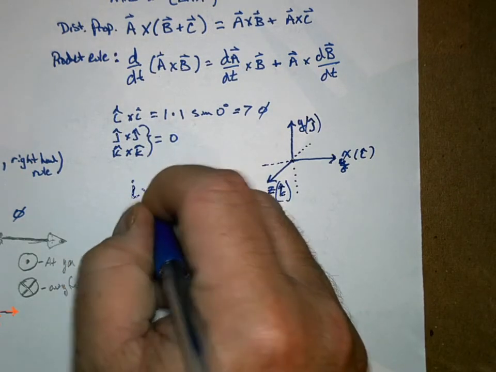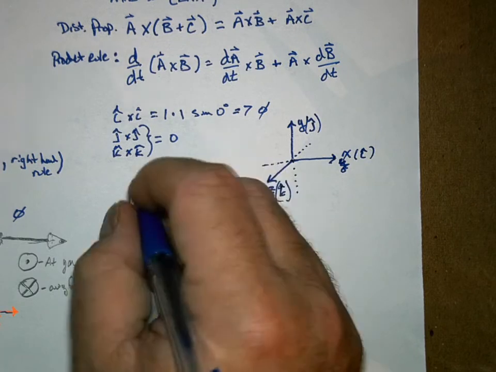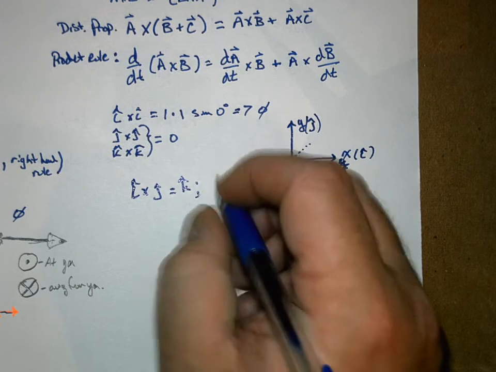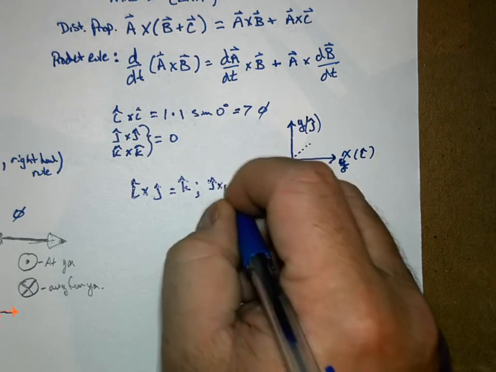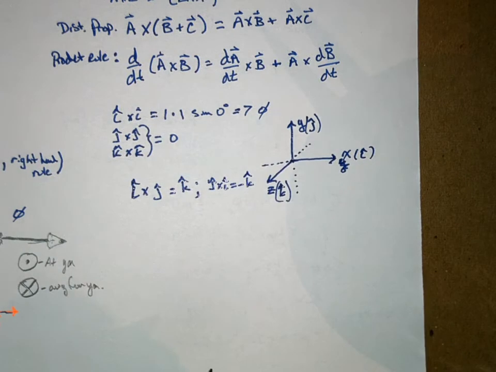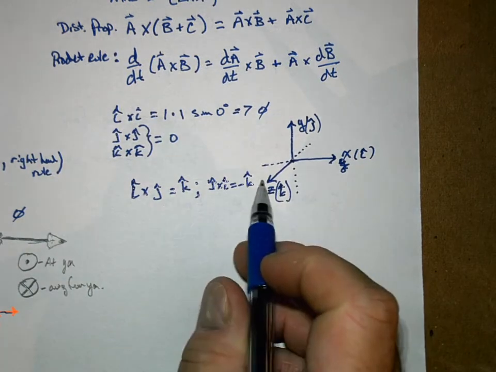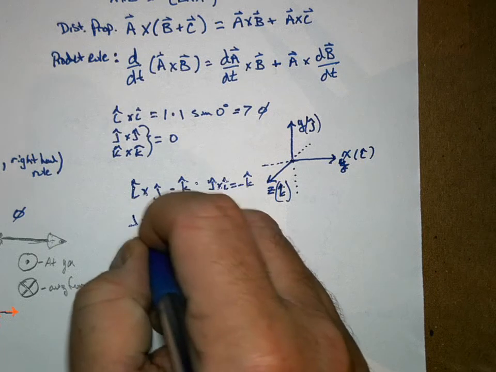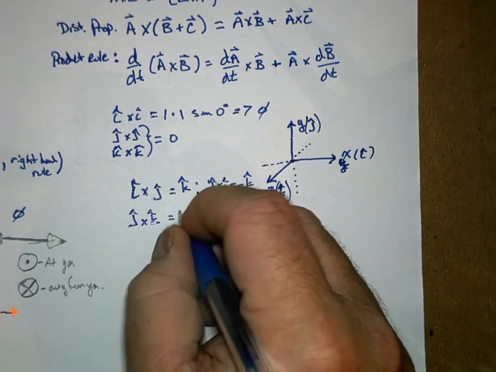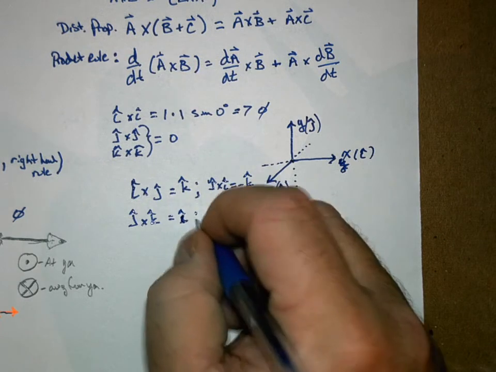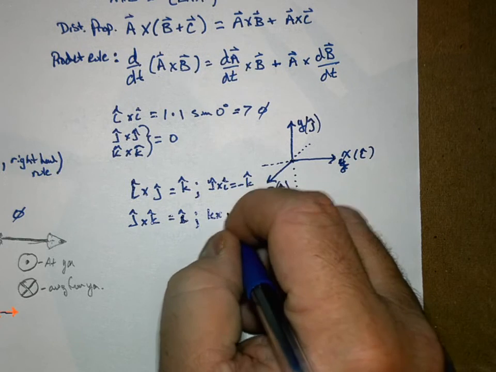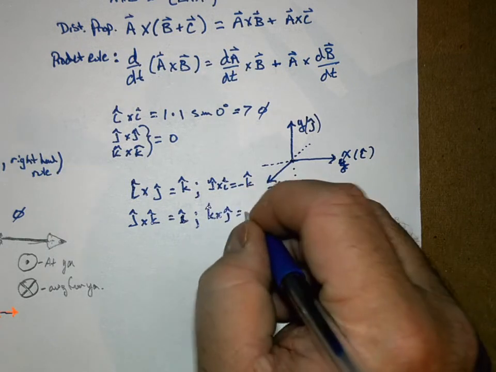i cross j equals k. And conversely, j cross i is going to equal negative k. All right, so the order is switched, and so it becomes negative. j cross k equals i hat, and k cross j equals negative i hat.